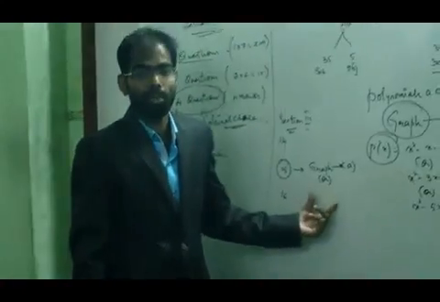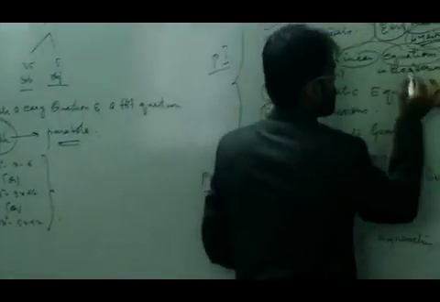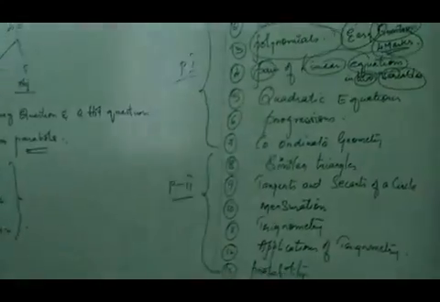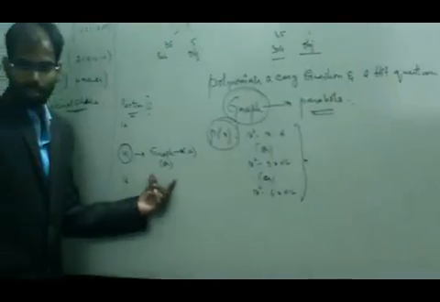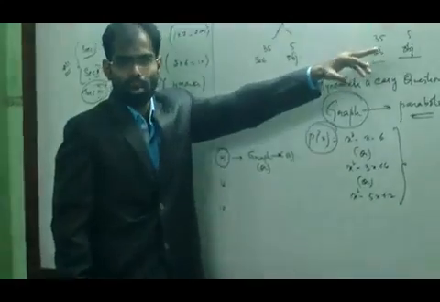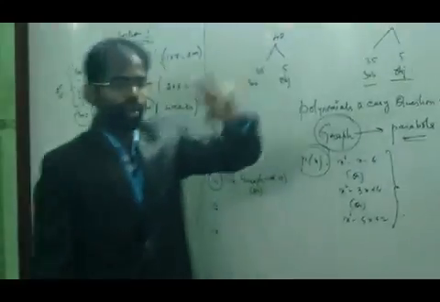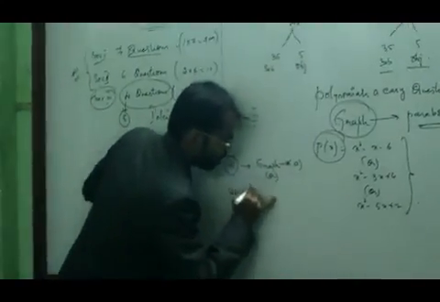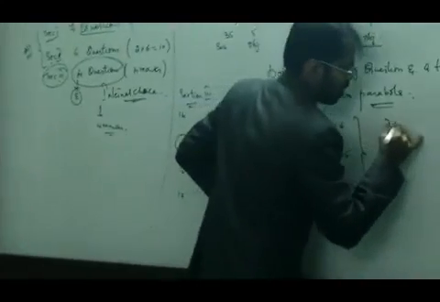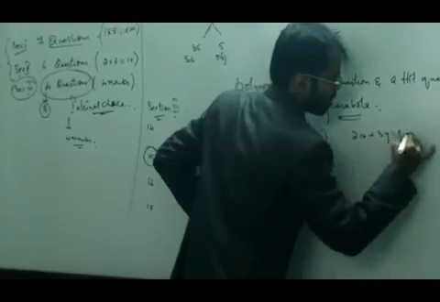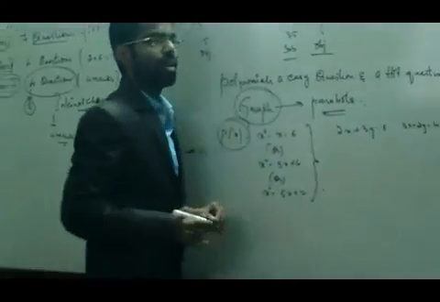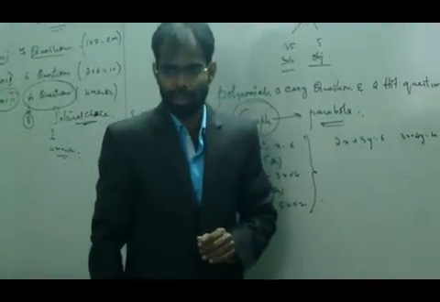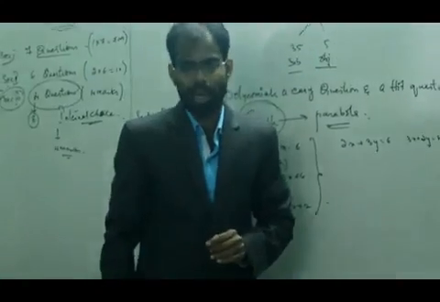If you don't know the graph, don't get confused. You'll be getting one more graph from the chapter pair of linear equations in 2 variables. You'll be given two equations, for example 2x plus 3y is equal to 6 and 3x plus 2y is equal to 4, and they will ask you to solve graphically and find the values of x and y.